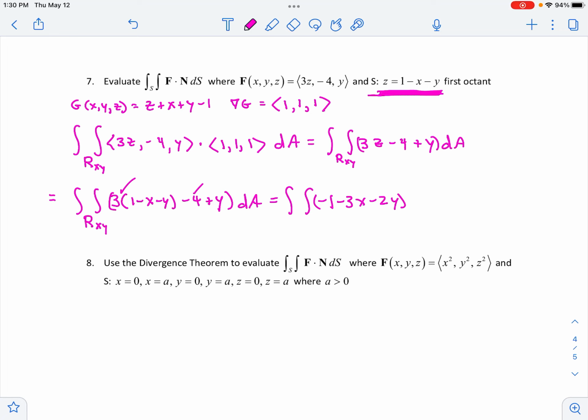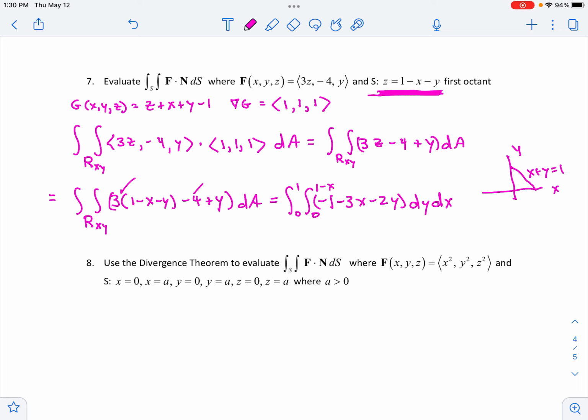And now I can talk about what I'm going to integrate. I guess I'll integrate with respect to y first, and then with respect to x. And I'm projecting down here on the xy plane. I've got x plus y equals 1. So y is going from 0 to 1 minus x, and then I'm going from 0 to 1 for the x.